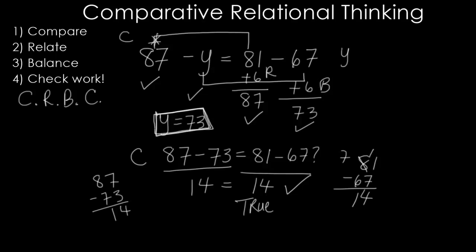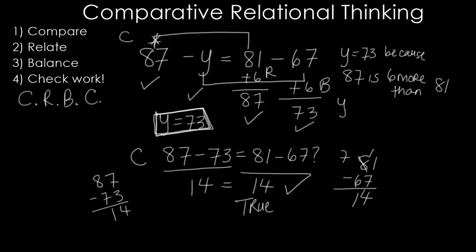So y equals 73. Why? Because, okay, where do we start? Comparison. 87 is 6 more than 81, right?